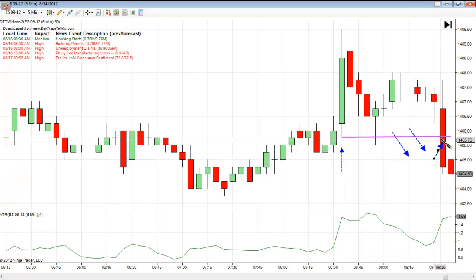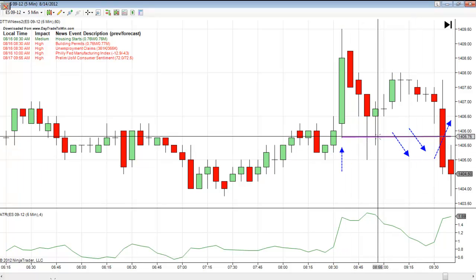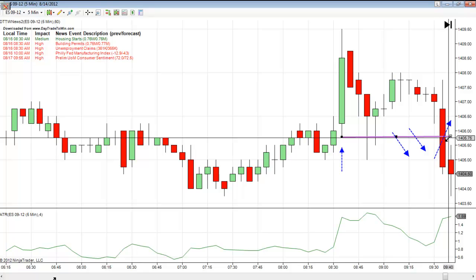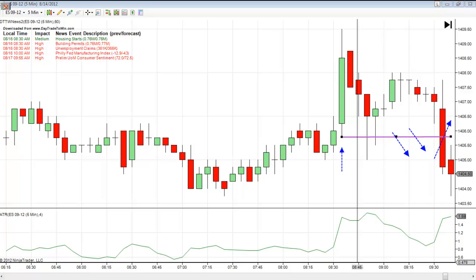If price closes back above it, I am going to get out. That's proof telling me it's not ready to go short. So I'm using the low, the price of 1405.75, to tell me whether or not we have to get out of this if it comes back up, and I'm using it as proof to get me in as well. Okay.